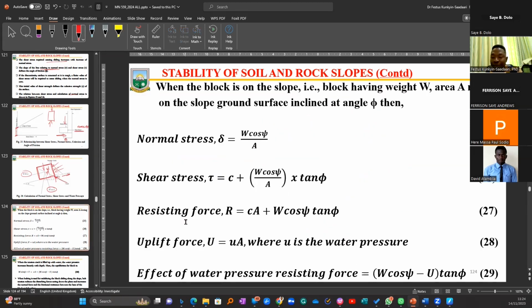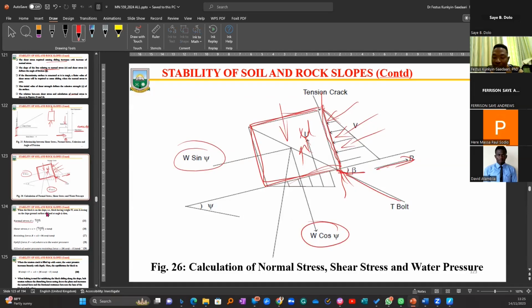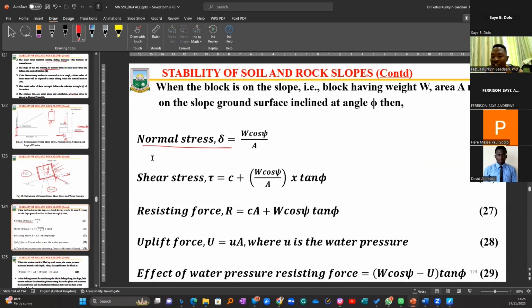So we have the normal stress, which is what we mentioned here in this figure. If you want to compute the normal stress, it is W cos phi over A. The shear stress here, you remember this formula.